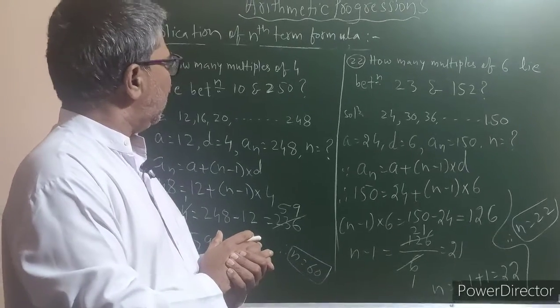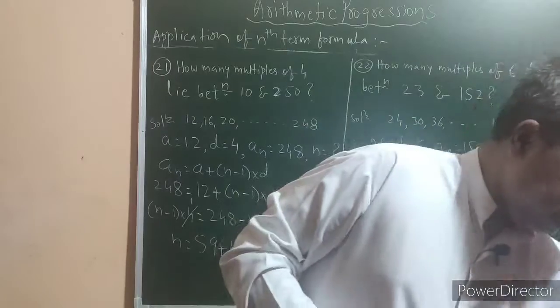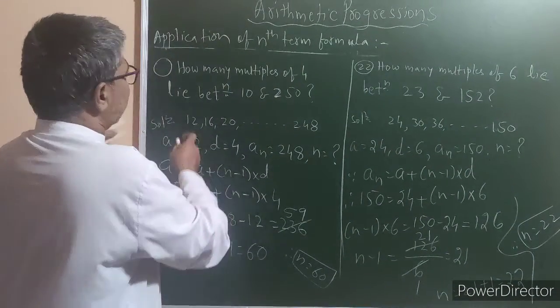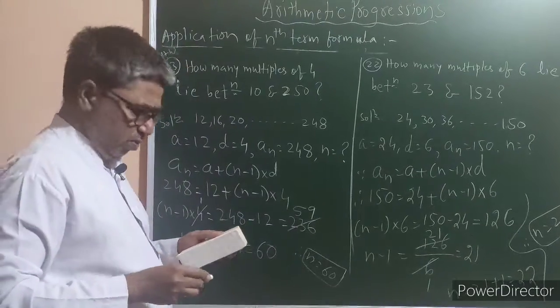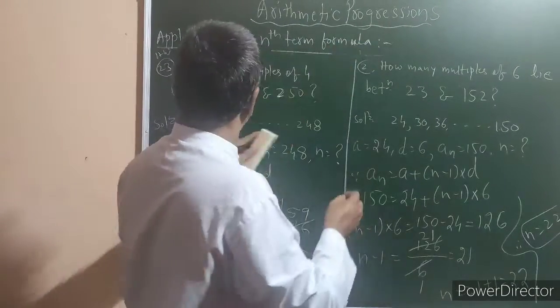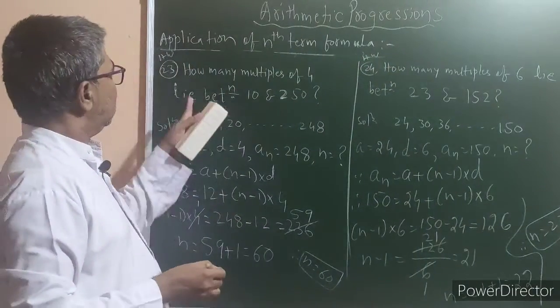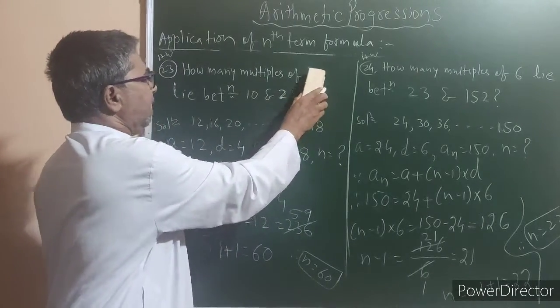Now for homework you can change the numbers and you will get 2 more examples. Let us write example number 23. I will put it as HW, and this example is 24. This is also homework for you. Now how many multiples of, change this number, write 5.